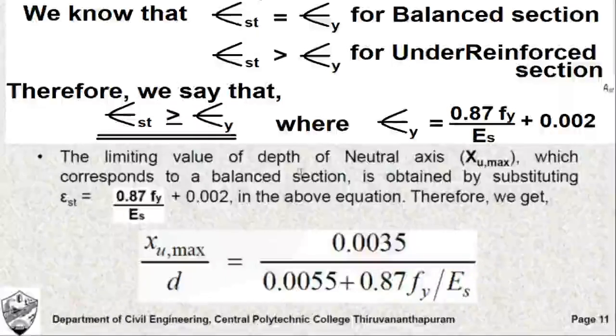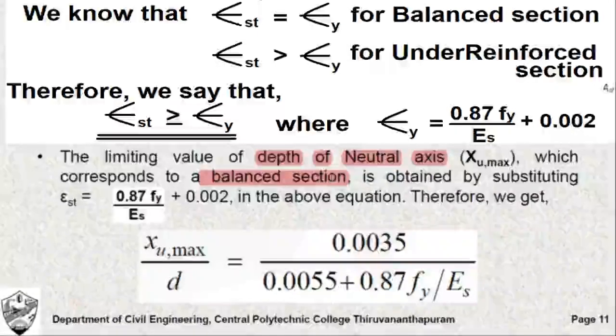Since for a balanced section epsilon st is a specific value, epsilon st is equal to epsilon y, or 0.87 fy by Es plus 0.002, we are first going to find the depth of neutral axis for a balanced section.